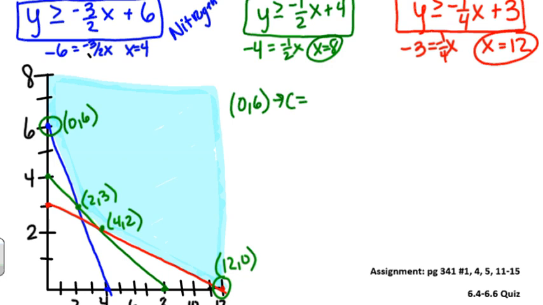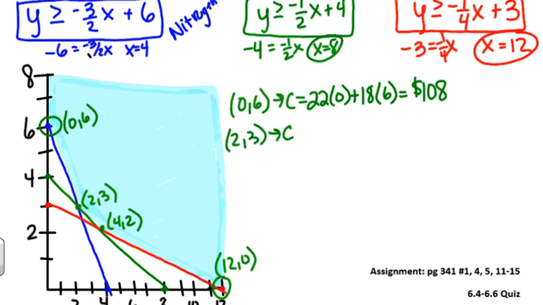So our cost is 22 times 0 plus 18 times 6 gives us a cost of $108. Our point 2 and 3, we get a cost of 22 times 2 plus 18 times 3 equals a total cost of $98. So we're slowly lowering.